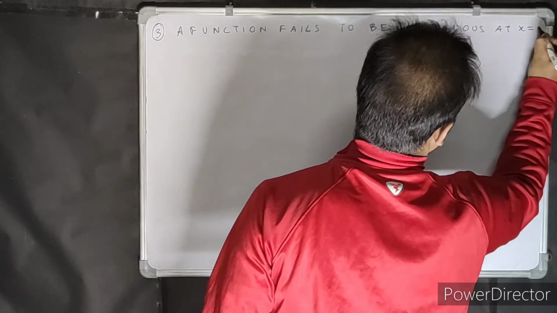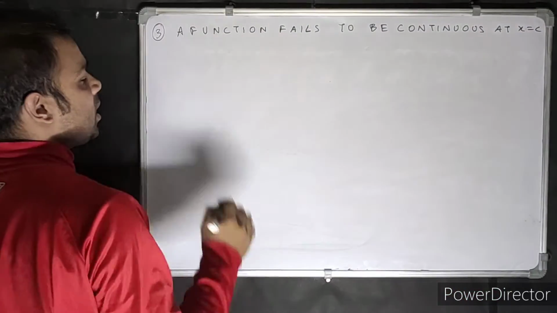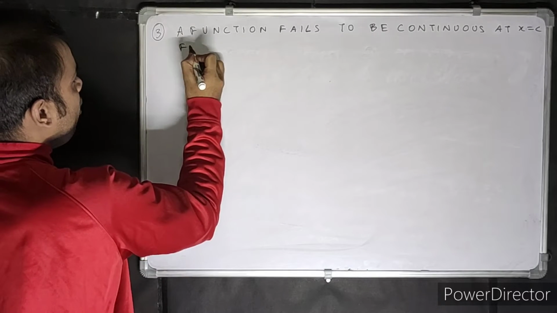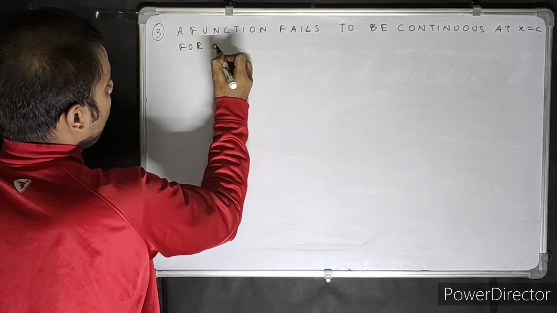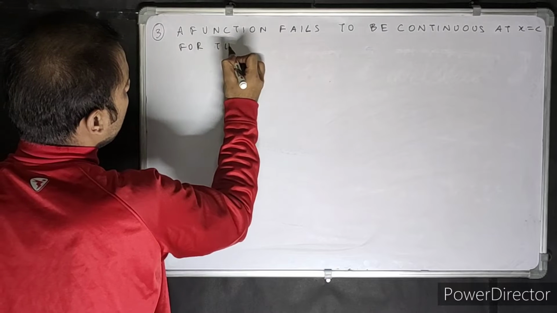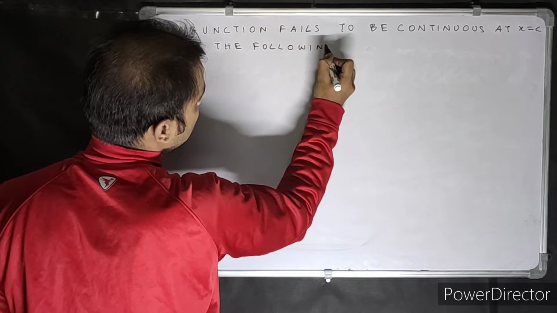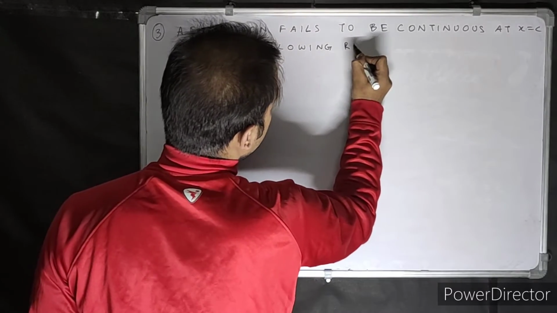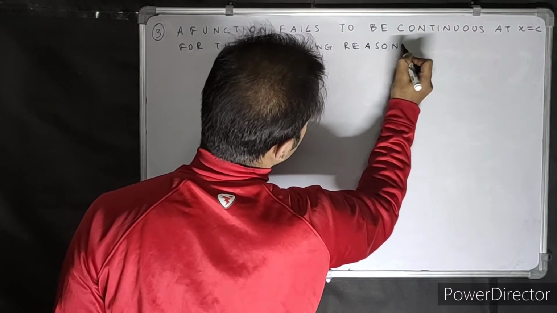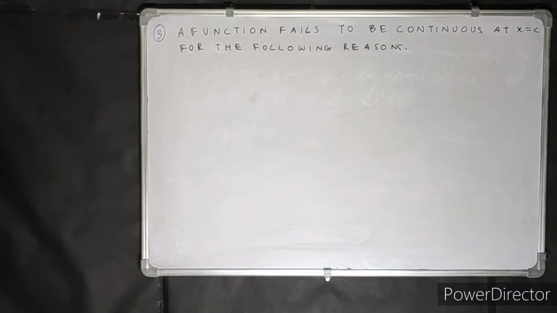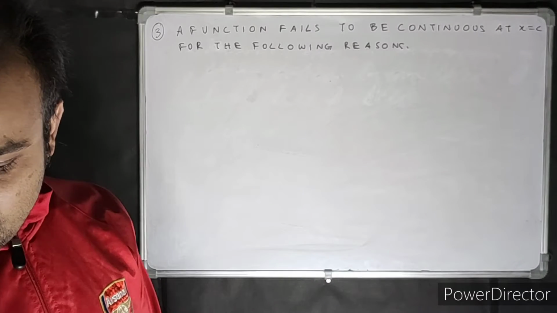Don't forget, at x equal to c, a function fails to be continuous at x equal to c for the following reasons. I have to write it like this, since kids sometimes don't remember the spelling. Okay, for the following reasons.